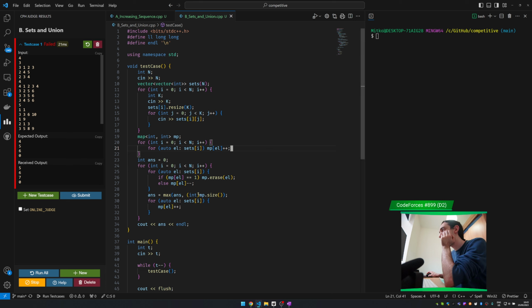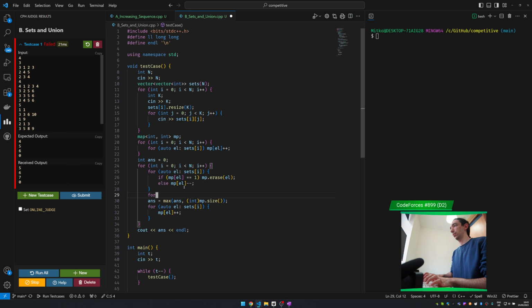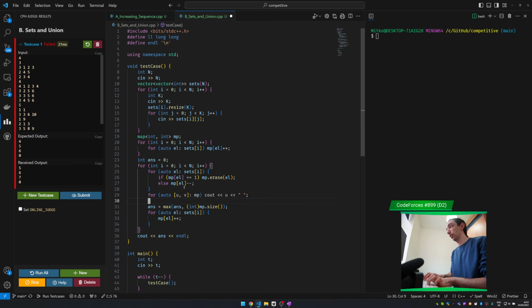Why is it plus one? I should debug this problem, I don't know why.